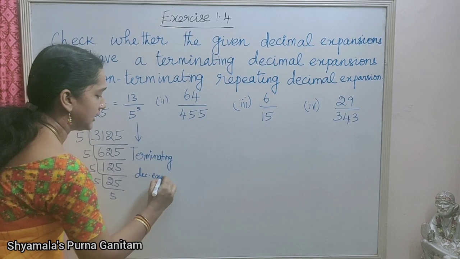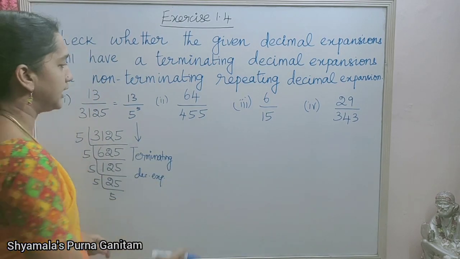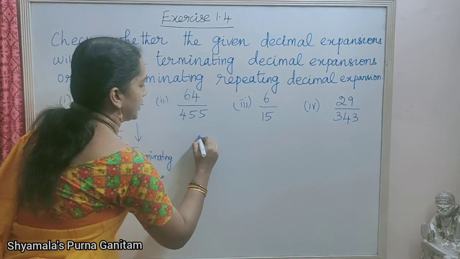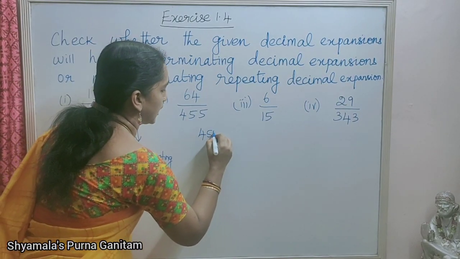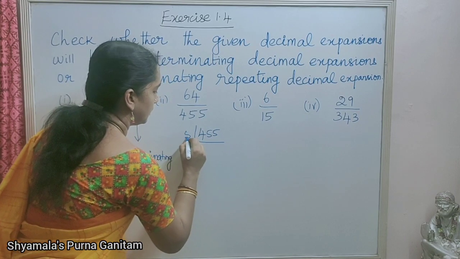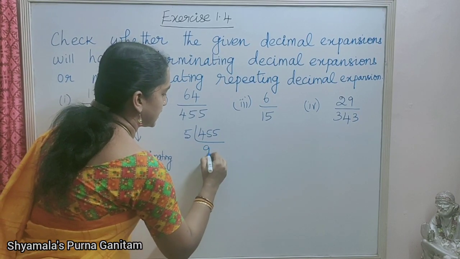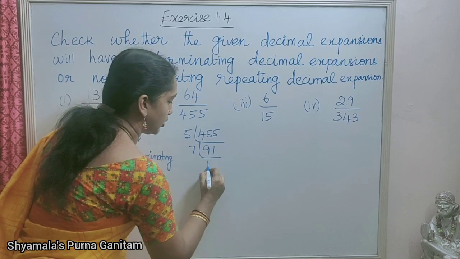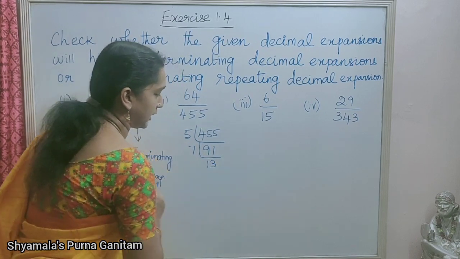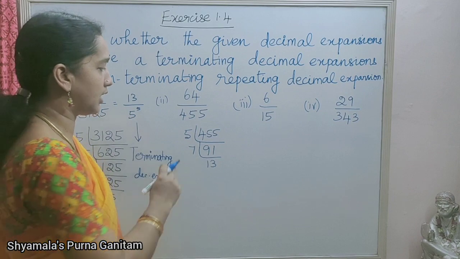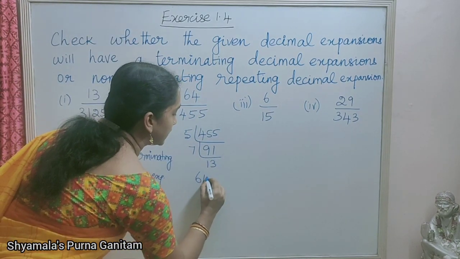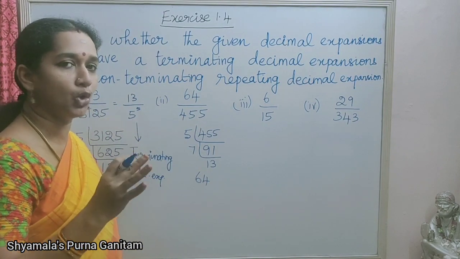Okay, then next one, 64 by 455. We'll find the factors of 455. In the 5 table, 5 nines are 45, 5 ones are 5. In the 7 table, 7 ones are 7, 7 threes are 21. So the factors of this are 5, 7 and 13. So they don't have only 2 or 5 or both.